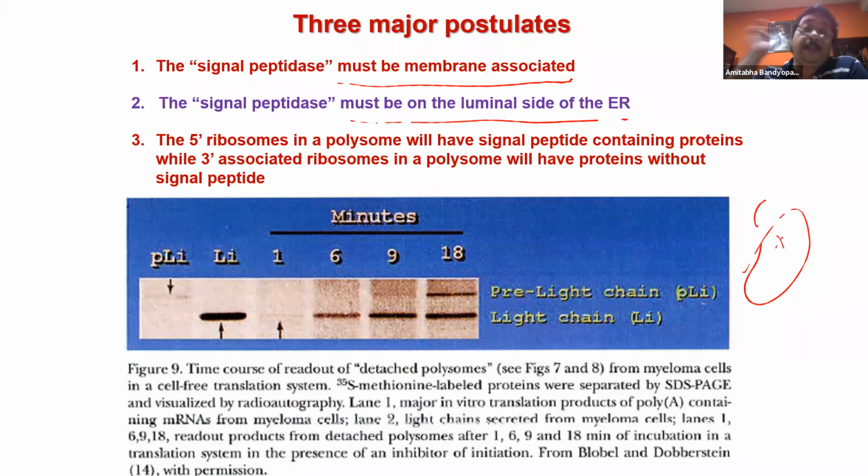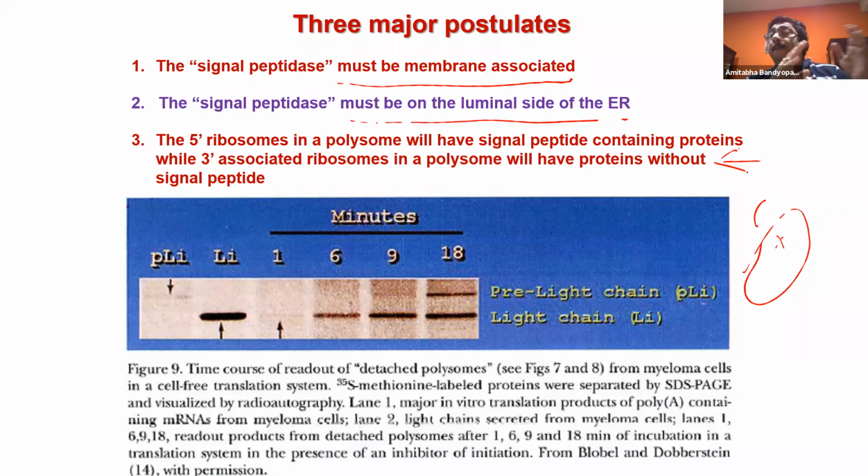And the 5' ribosomes in a polysome will have signal peptide containing proteins, while 3' associated ribosomes in a polysome will have proteins without signal peptide. So this is a very, very critical statement that is being made here. What it actually means is that the processing happens co-translationally.